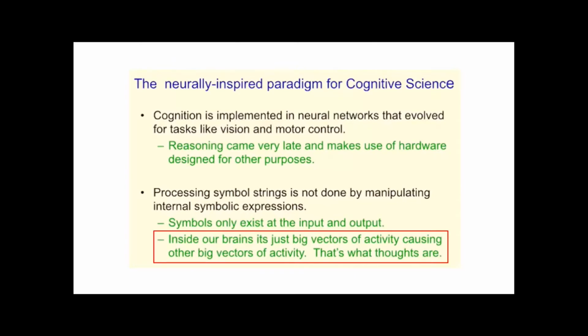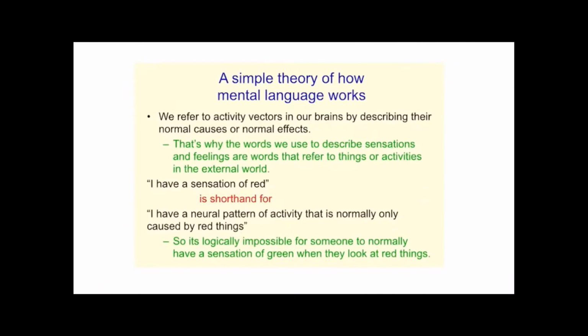Symbols only exist at the input and the output stage. And here's the key sentence. Inside our brains there are just big vectors of activity causing other big vectors of activity. That is what thoughts are. Only in the very end stage, when you output from the final layer of your cortex, can you express this thing we call a thought in natural language.